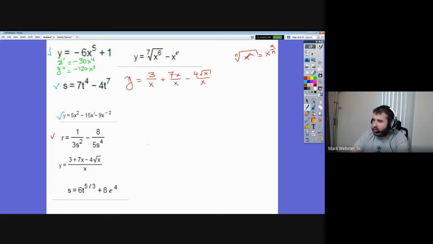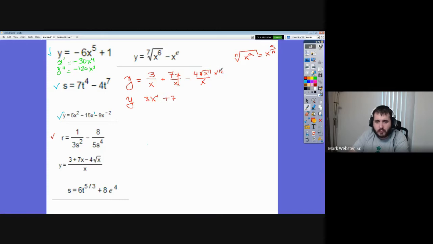Whatever the exponent is on the thing on the inside becomes the numerator of the exponent. So let's rewrite, because that's a 1, that's a 2. This is 3x to the negative 1. These cancel out, so this is plus 7. And then this one is really x to the 1/2, right?